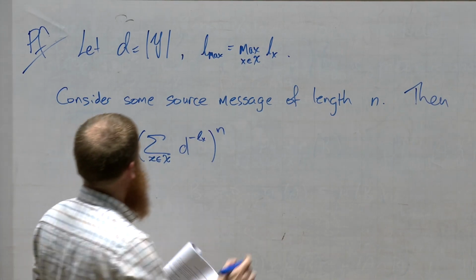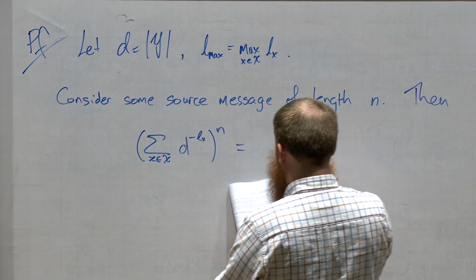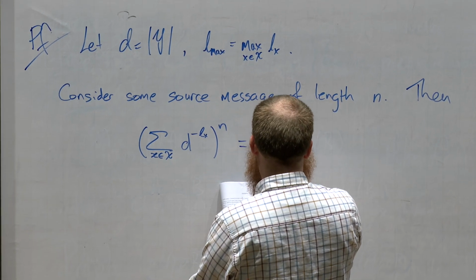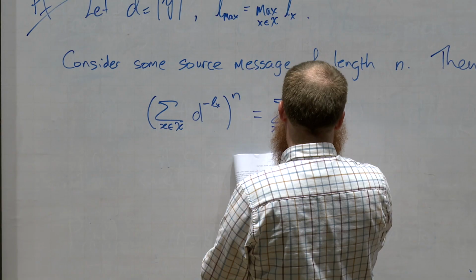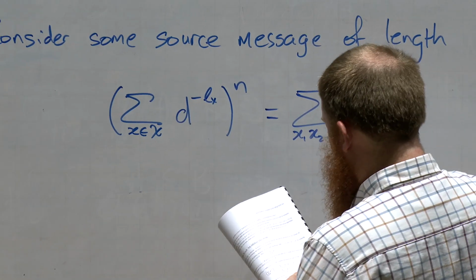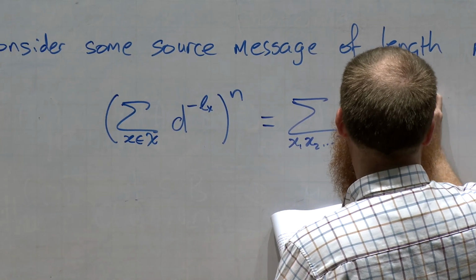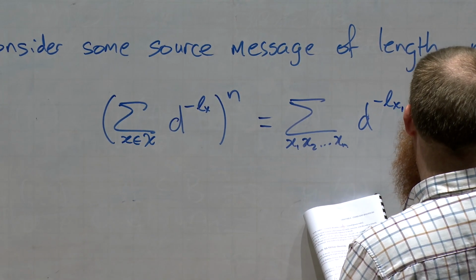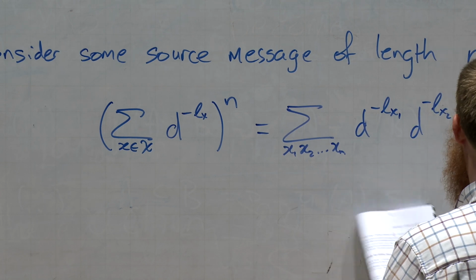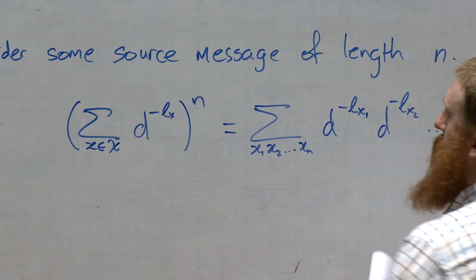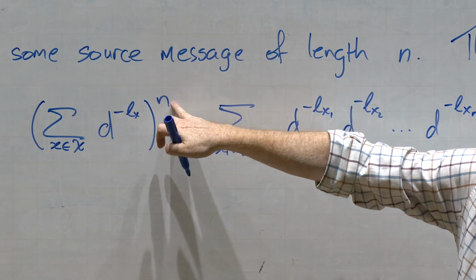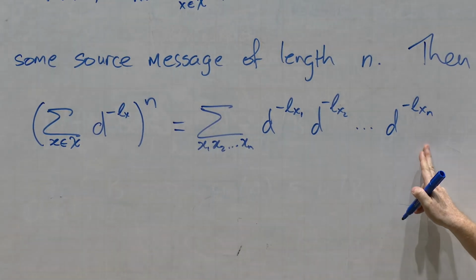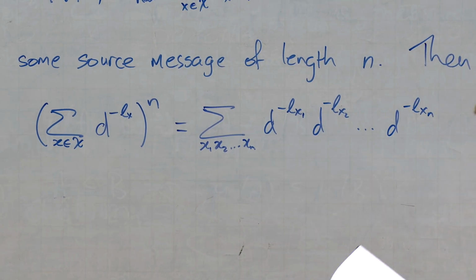So if I compute this, what is it? Well, I can expand this. This is the sum over x1, x2, all the way up to xn of D to the minus L x1, D to the minus L x2, all the way up to D to the minus L xn. This is just expanding out this power by putting different indices and summing over all of them. So nothing going on here.